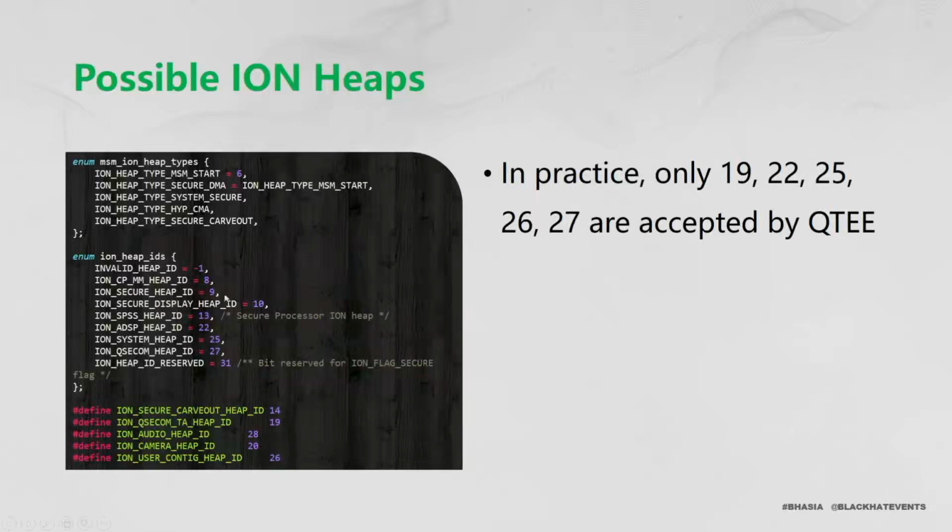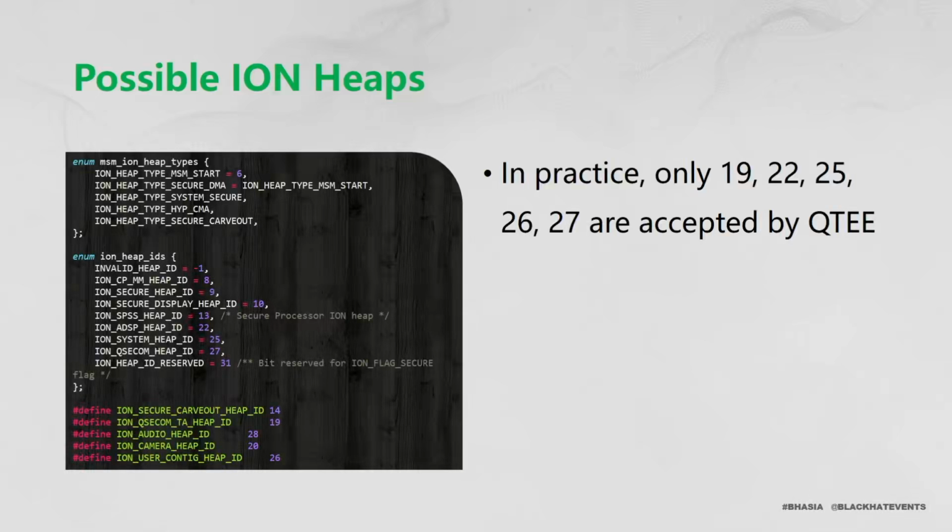And here is how the heaps are defined, and only part of them are accepted by the QTEE. So we don't have many candidates to select from, which makes it very difficult to find a way.